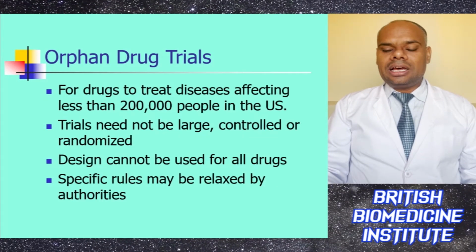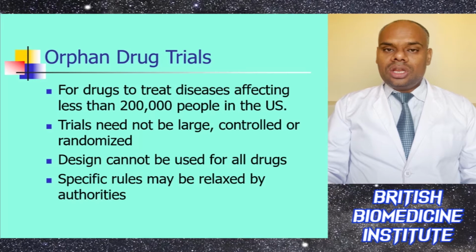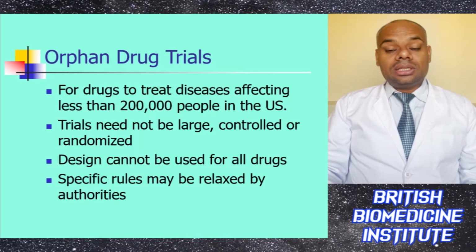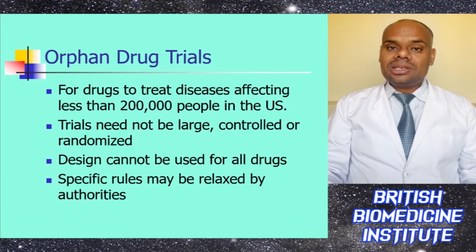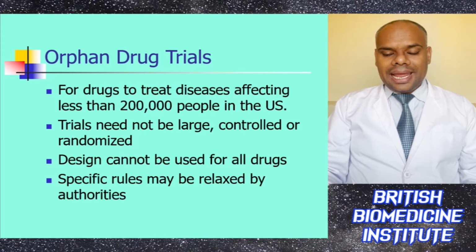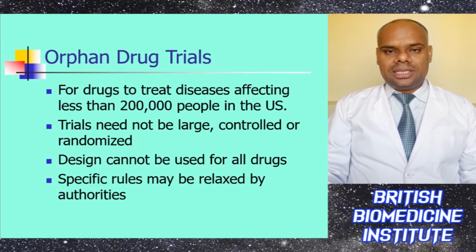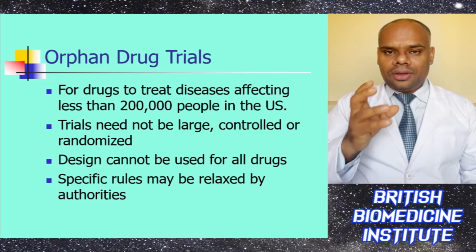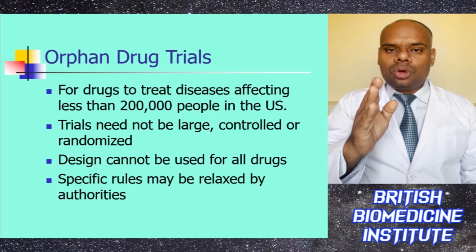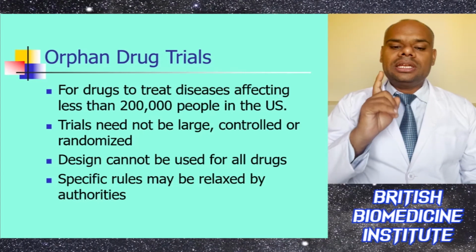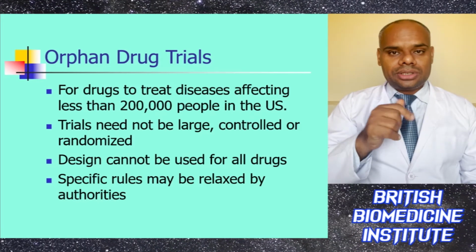Orphan drug trials are basically those trials for which the drug treats a disease that affects less than 2 lakh people in the USA. 2 million people in the USA, I can say. If there is a ratio, out of 50,000 one patient is affected, we call it an orphan drug trial.